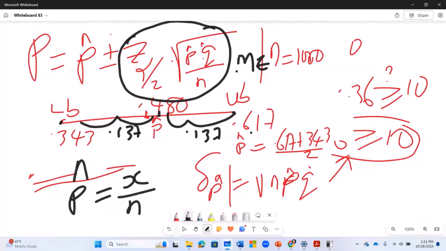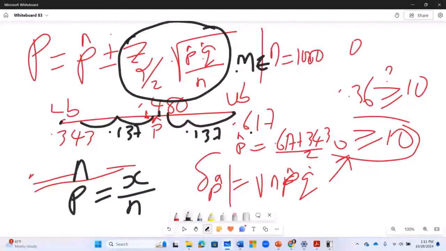So anytime I am told to find x, I can find it using the formula. n is 1,000 here. I can find the number of people who showed up.